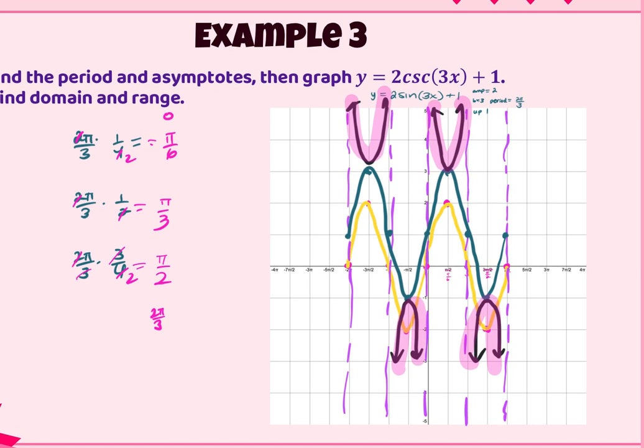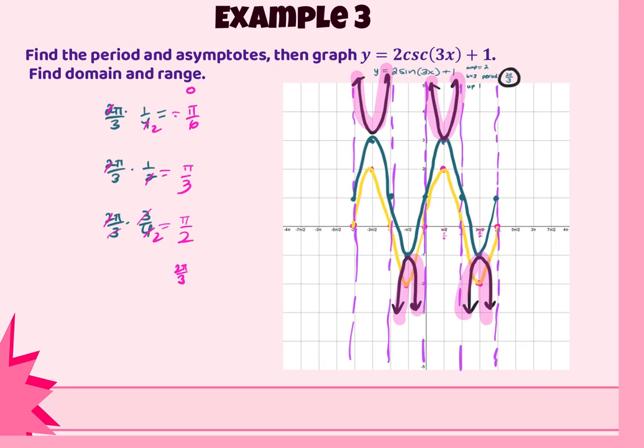We answered the period. It was 2 pi over 3, but I actually have to write the asymptotes. Think about your initial curve. Your initial curve was sine, right? So my first asymptote happens where on the x-axis for sine? At 0. So there was an asymptote here, which means my asymptotes are x equals, it has to be x equals because these are lines, 0 plus half the period because they happen more frequently than tangent and cotangent.